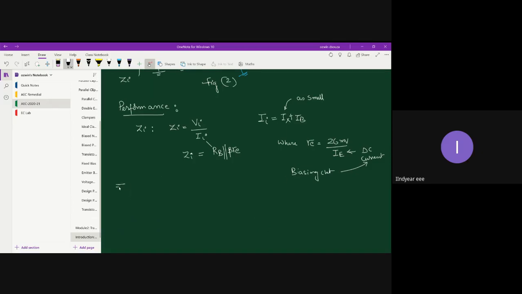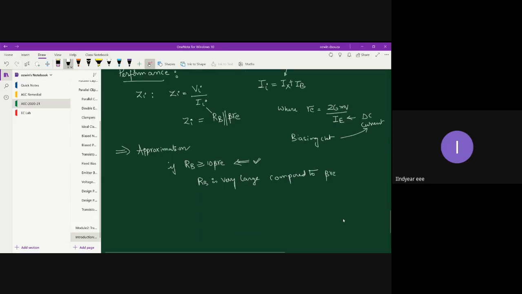Okay, fine. So over here itself, let me introduce you to something known as approximation. Approximation says that if the base resistor RB is greater than or equal to 10 times beta RE, then you can say that RB is very large compared to beta RE.